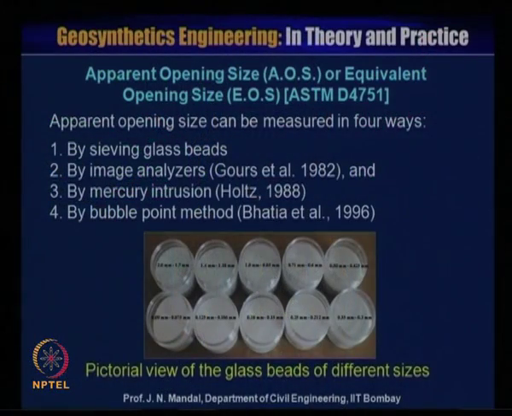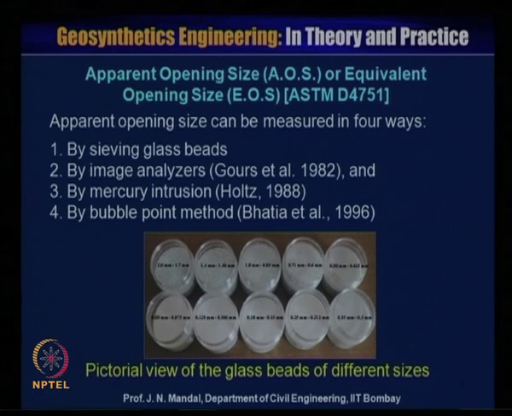Now next is apparent opening size, which we call AOS, or equivalent opening size, that is called EOS. This is as per ASTM D4751. This parameter is very, very important for any erosion control problem, filtration problem, drainage problem.